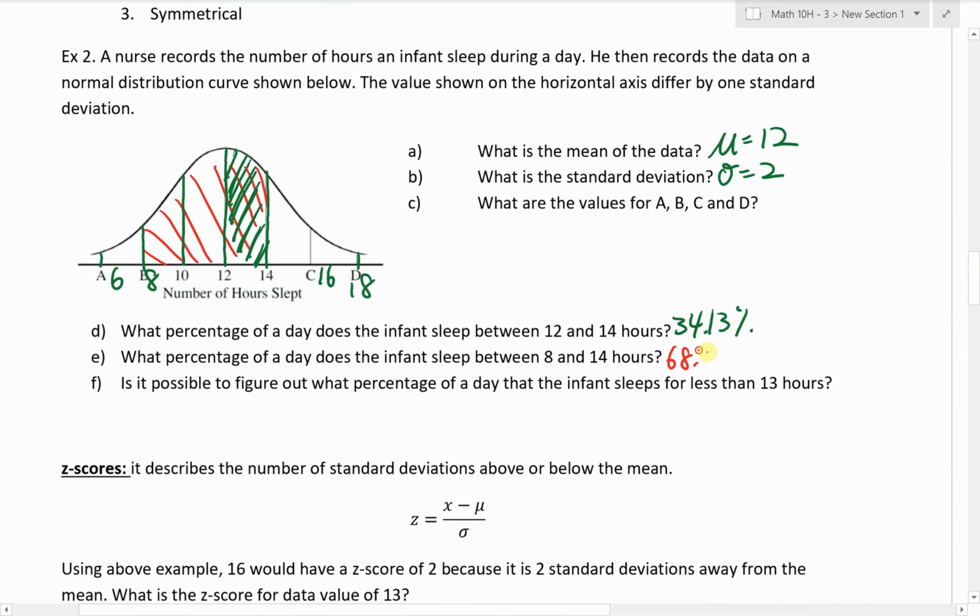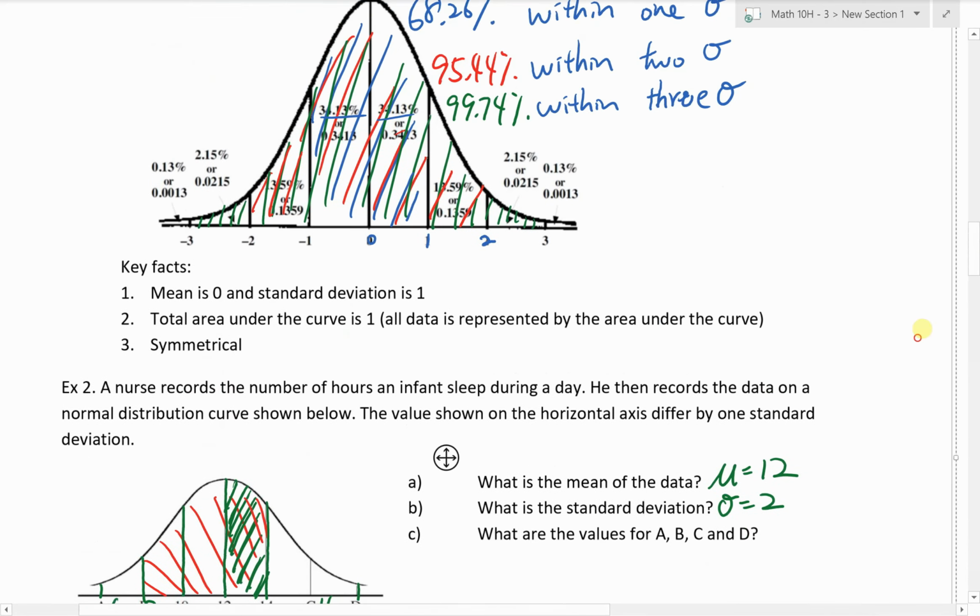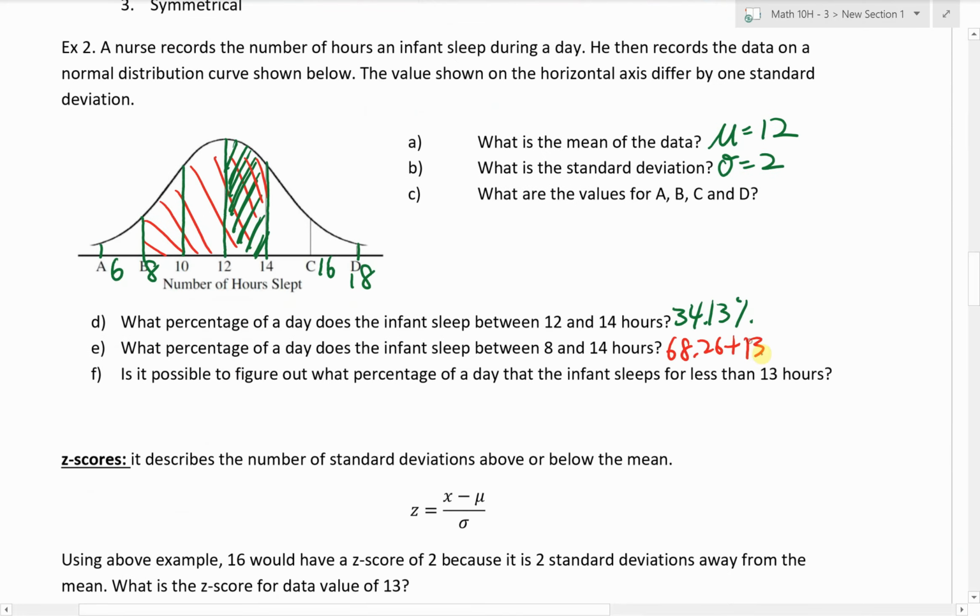So 68.26 plus 13.59. Let me pull out the calculator. This is 81.85%.